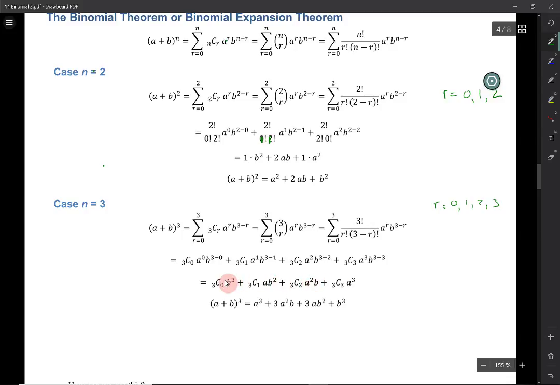And the power of a has gone from 0, 1, 2, 3. And then maybe you remember these coefficients are 1, 3, 3, 1. But if not, you can just work them out, right?